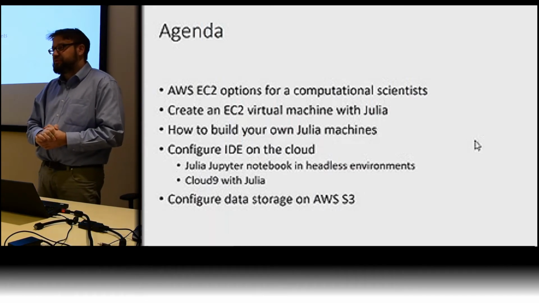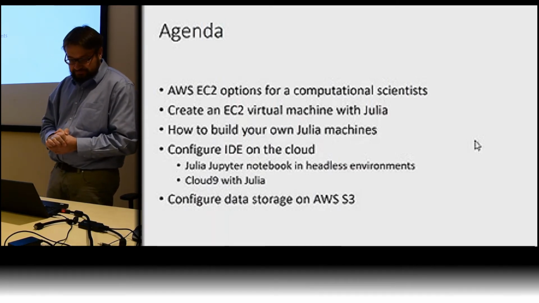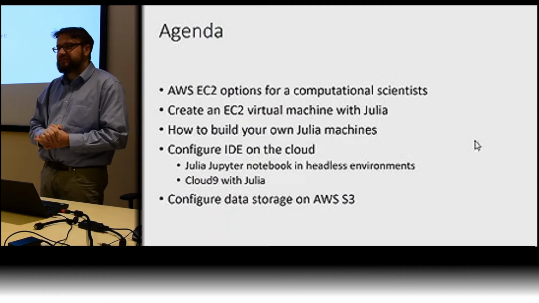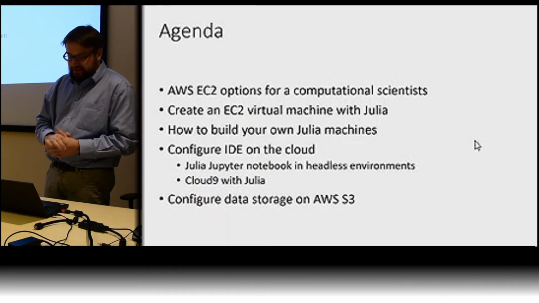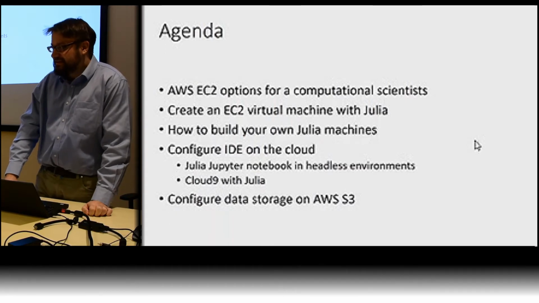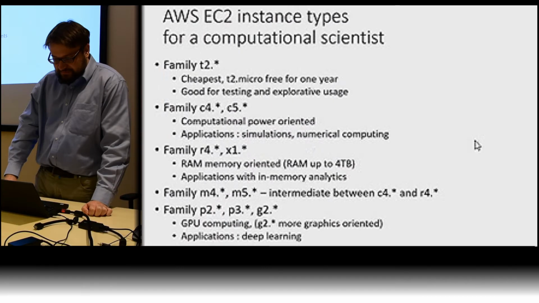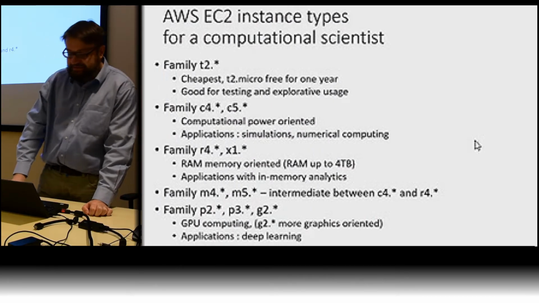Cloud9 is a free web browser based IDE that you can configure to work with Julia. Last but not least, I'm going to give some remarks about data storage and storing data on S3. All of these slides have some parts of code, and all of this will be posted on the Meetup webpage, so you will be able to use the code presented in the slides.